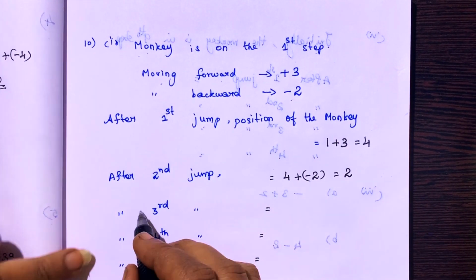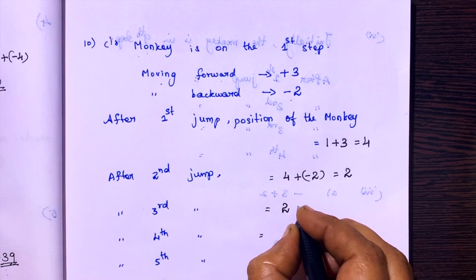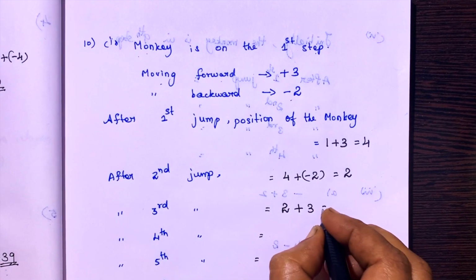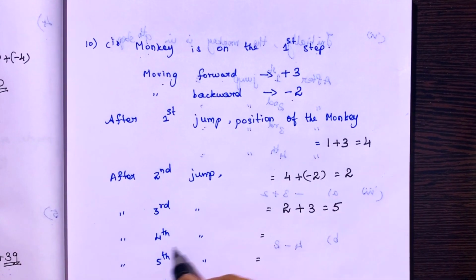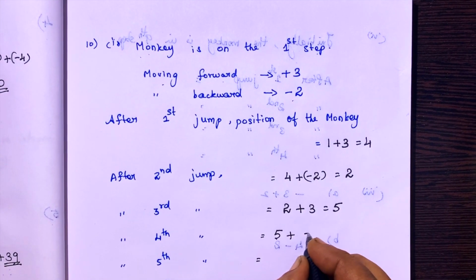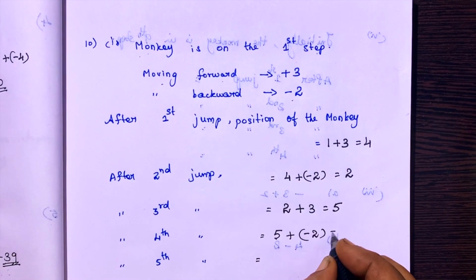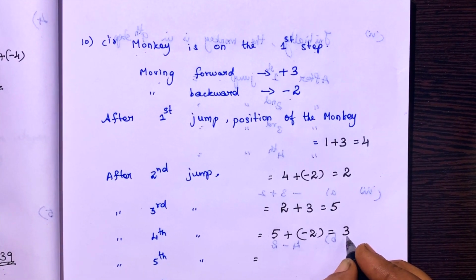Now after the third jump, from 2 plus 3 is equal to 5. Fifth step. After the fourth jump, 5 plus minus 2, it will again be 3. Third step.